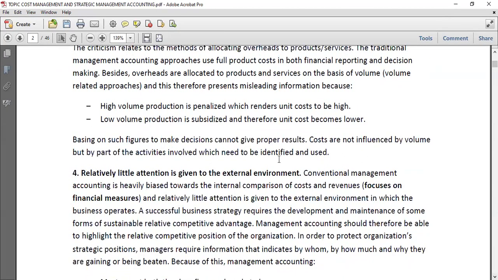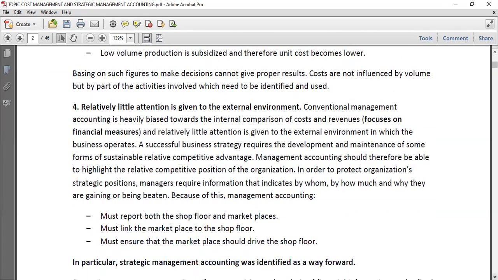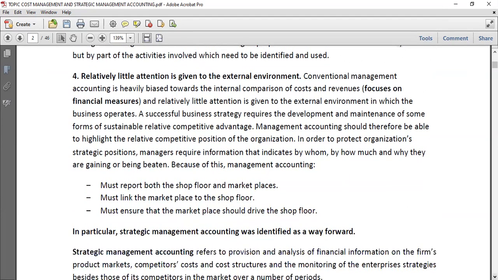And then, of course, the other one: traditional management accounting also gives relatively little attention to the external environment. Basically, its eyes are on costs: we've drawn this budget, at the end of the period we have our actuals, and they compare the actuals with the budget, okay? That is basically what exactly they do with the traditional. So strategic management accounting comes in to look at the wider view, okay?